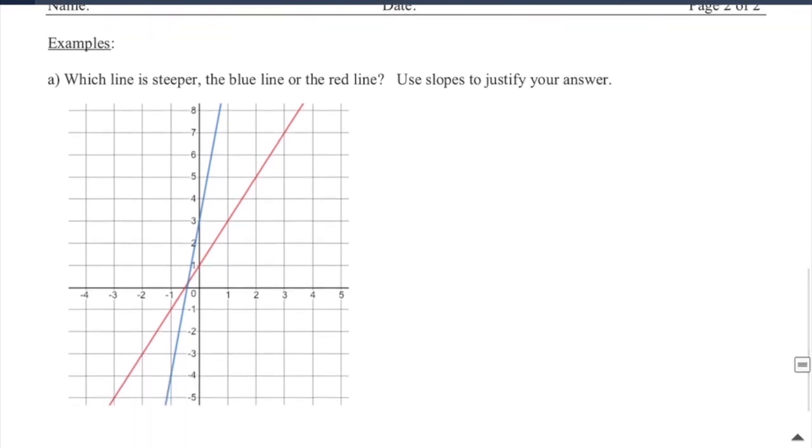So let's look at this example where I'm given a graph and it says, which line is steeper, the blue or the red line? Use slopes to justify your answer. So let's first find the slope of each line. A little reminder, if you're using a graph, we want to look at rise over run. So I see a point on my graph down here and a point on my graph right on the y-intercept.